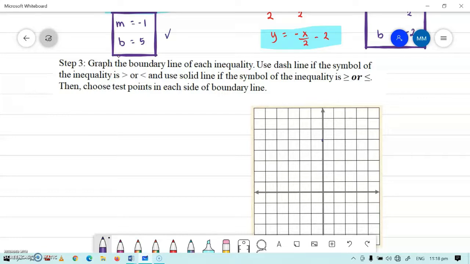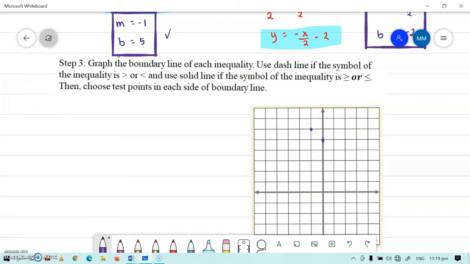So the y-intercept is there. Next, your slope is -1. That means from the y-intercept, we will rise 1 unit up and run 1 unit to the left. So here. We have 2 points already, and 2 points are enough to determine the boundary line.